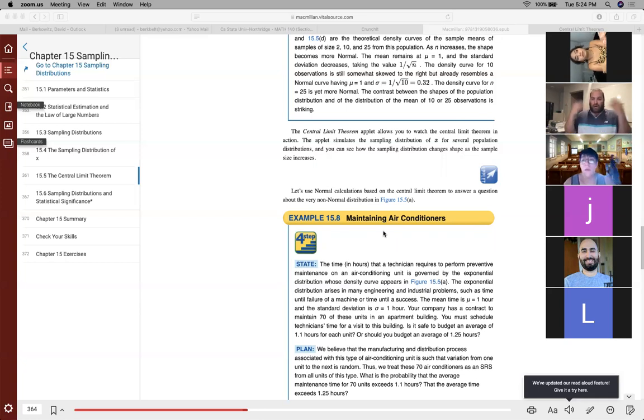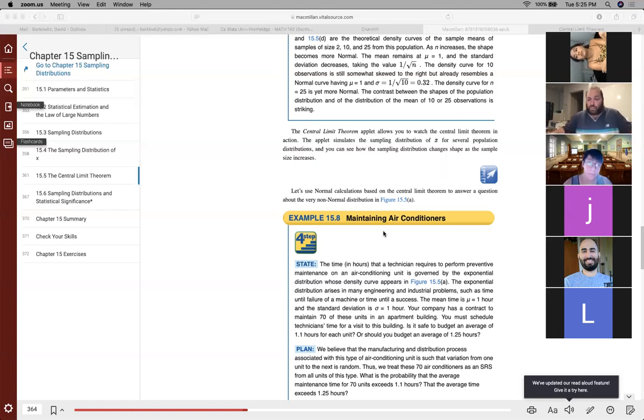Okay, they make thousands of these. So we're going to treat the 70 air conditioners as an SRS from all of the units of this type. In other words, we're going to say that the 70 that are in this building could have been any of the 70 that were produced by this company. Any 70 was equally likely as any other. Therefore, it's an SRS.